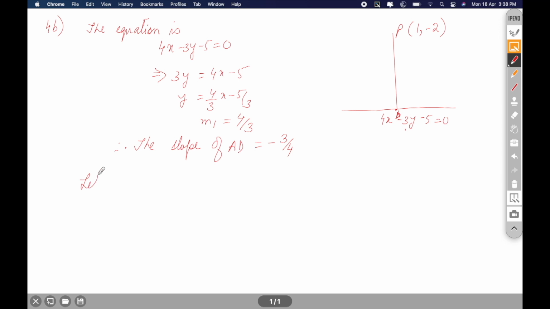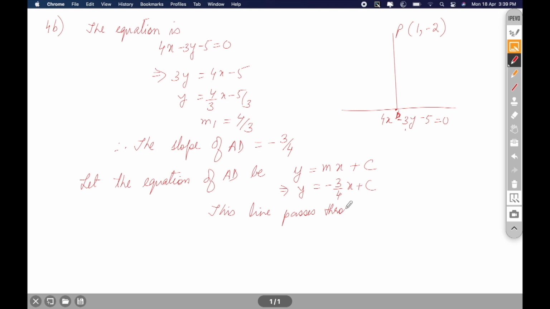So let the equation of PD be y equals mx plus c. So here y equals minus 3 by 4 x plus c. This line passes through the point (1, -2).